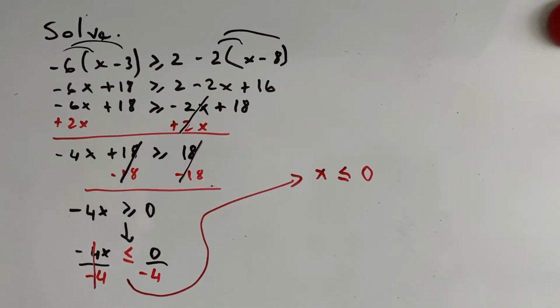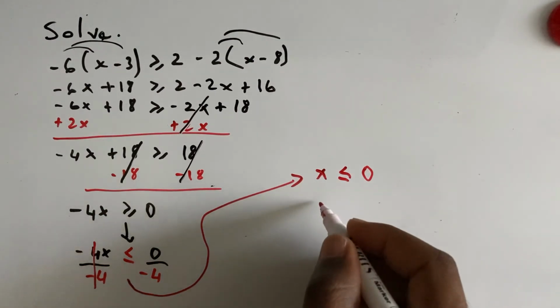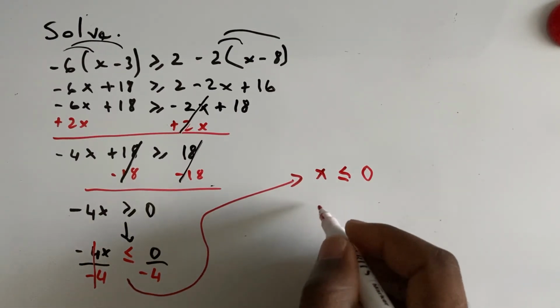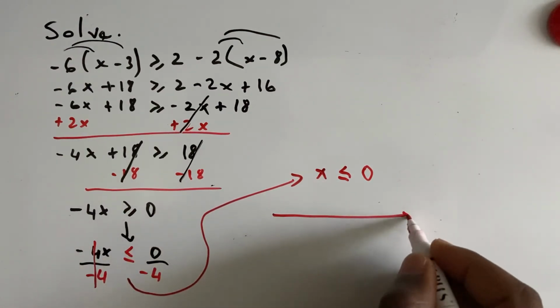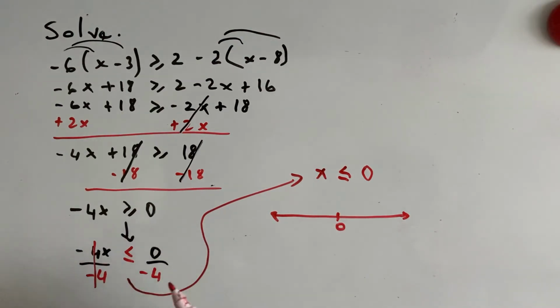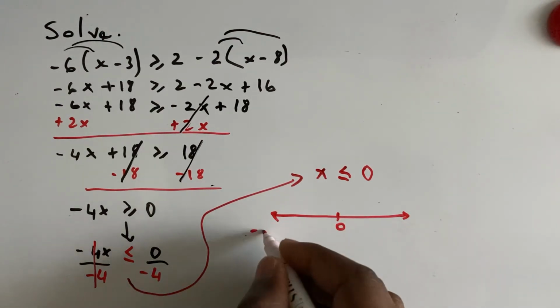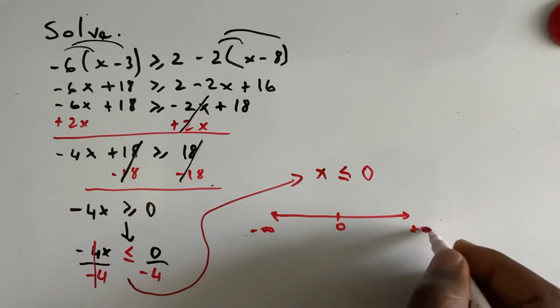Okay? Now, this written in interval notation, remember what I told you to start. So in interval notation, this will be, now, if you can't see it, you can draw your little number line here. Just to picture it, okay? You know, negative infinity is on the left, positive infinity on the right.